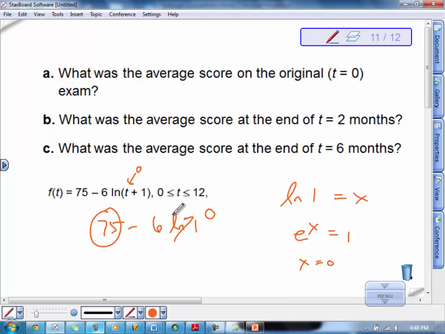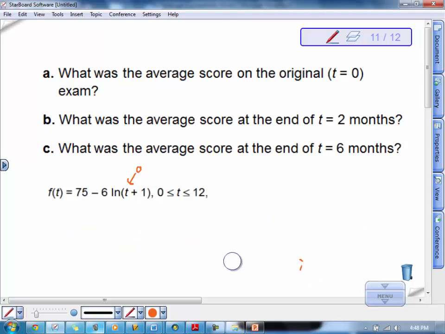Okay, so originally the 75 was the average of the test. But over time, obviously the score will go down as to how much you remember. So you can imagine after 2 months the score should go down. So let's try that. 75 minus 6 natural log of 2 plus 1, which is 3. Now you can evaluate this with your calculator real quick.